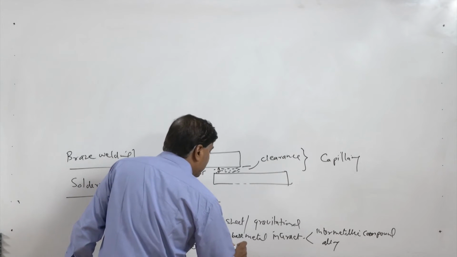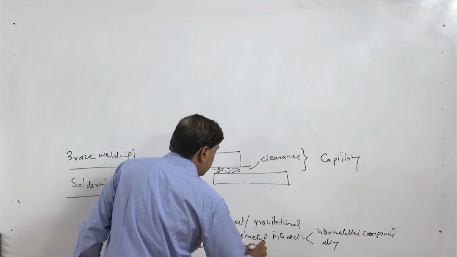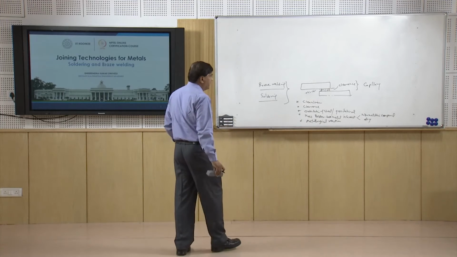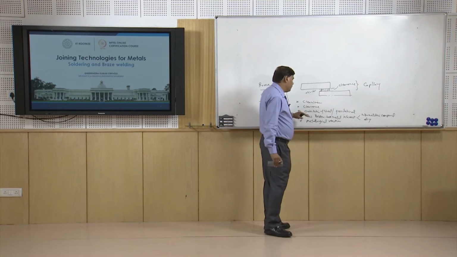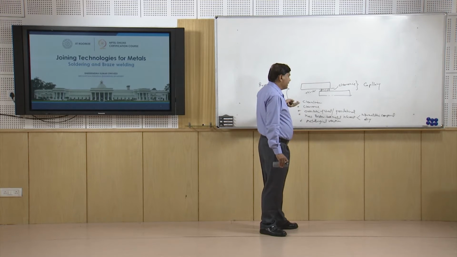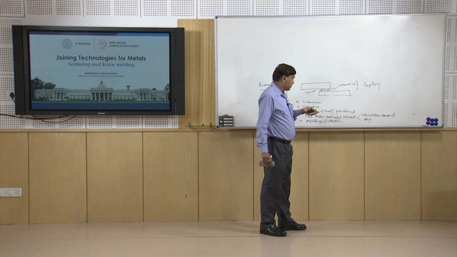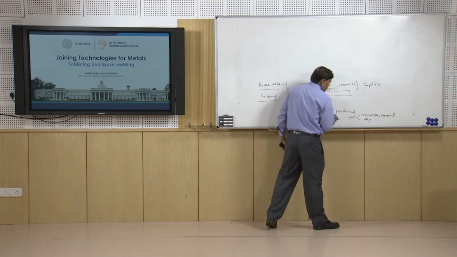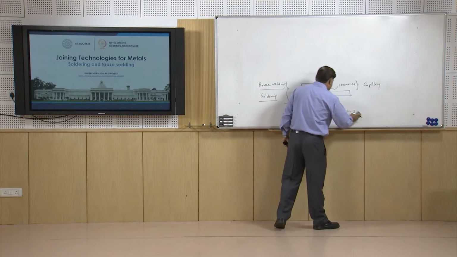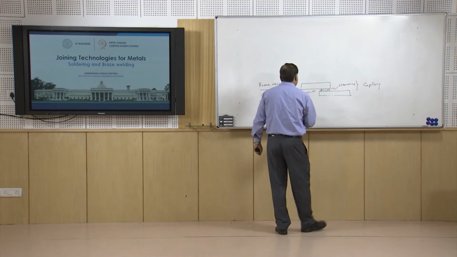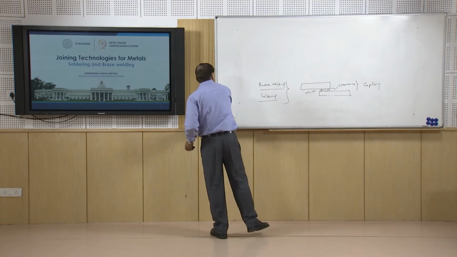So, the metallurgical reactions between the base metal and solder will also affect the spreadability, and so we have to make sure that the surface is clean and the base metal and the solder are compatible with each other, so that the spreadability is not adversely affected, and that the sheets are oriented favorably, which will help in uniform distribution of the solder, besides controlling the clearance properly as well as maintaining the surfaces in very clean condition.